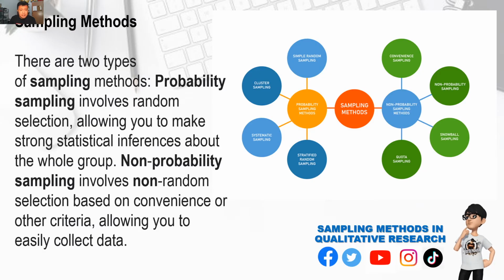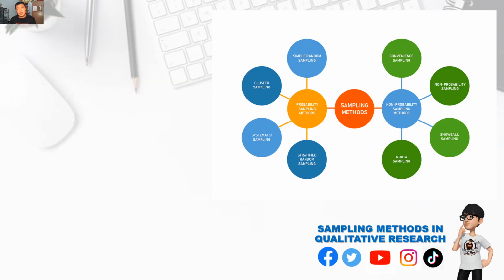So this is based on convenience or other criteria that we will be discussing. Actually, yung i-discuss natin is already presented dyan sa illustration on the right side of your screen, allowing you to easily collect data. Okay, so one of the purpose of and characteristic of non-probability sampling method is mas madaling mag-collect ng data and yung convenience talaga nandoon. So you'll find out why later on.